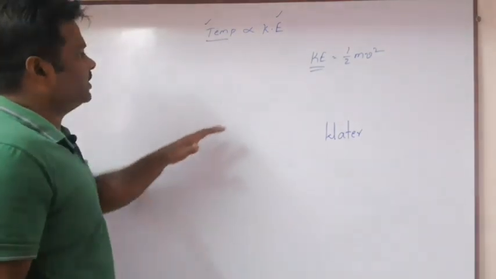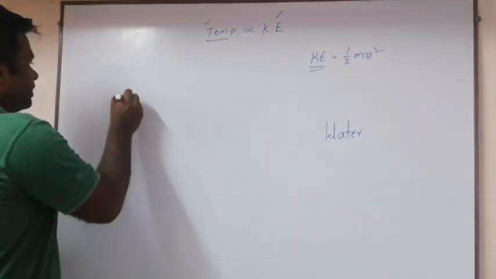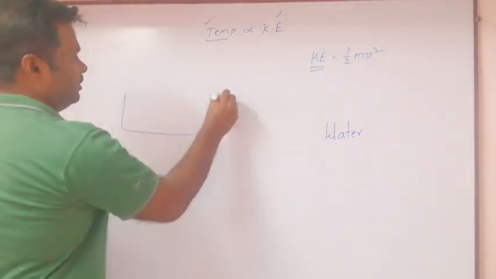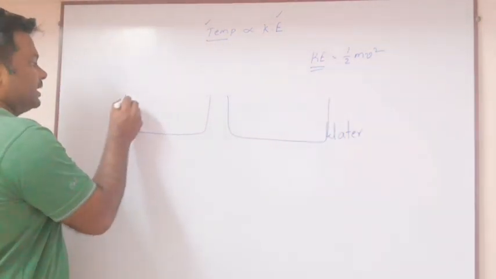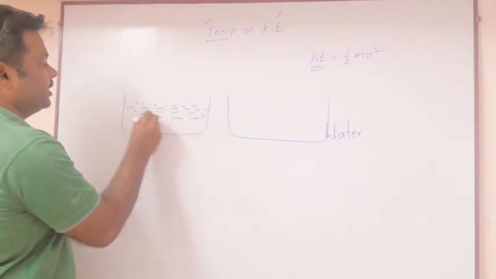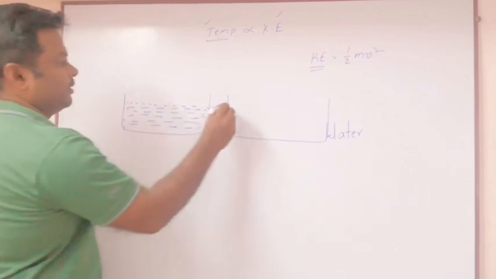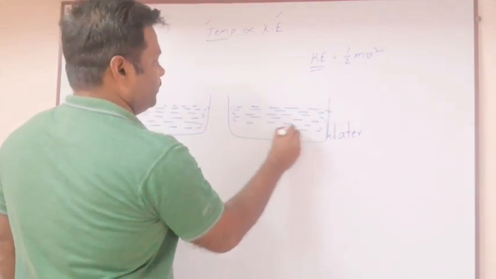To get the relation between temperature and kinetic energy, we are choosing 2 beakers, 1 and 2, which contain water. We are choosing 2 beakers with the same amount of water.